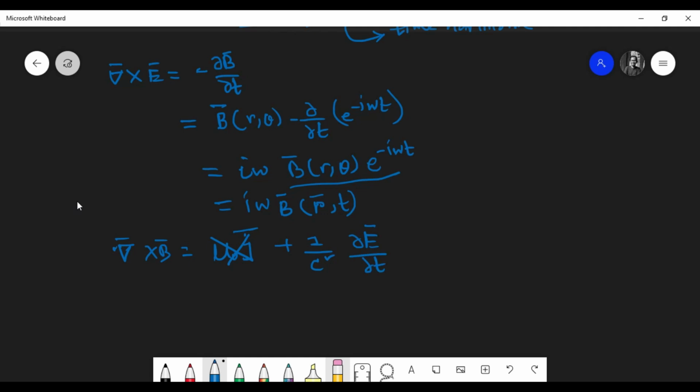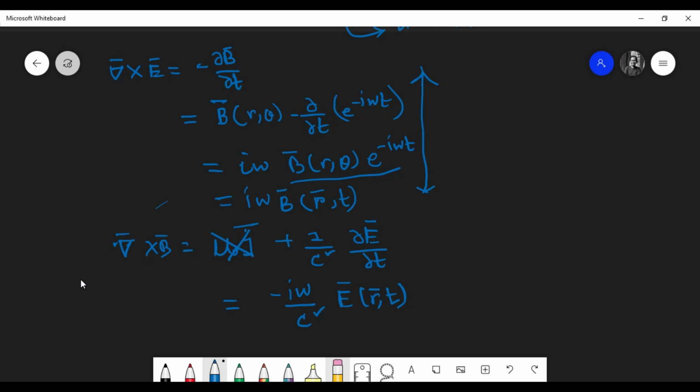Using the same kind of mathematics that we used here, we can show that it will be just minus i omega over c squared E(r, theta). Now let's look into the components of these two equations that we have got here, which are correspondingly this and this.